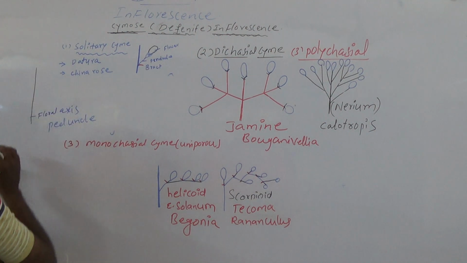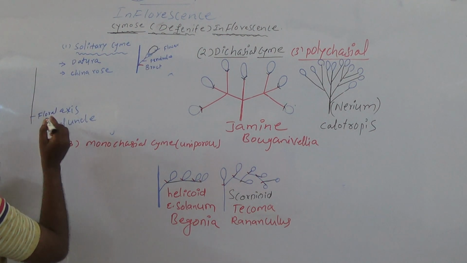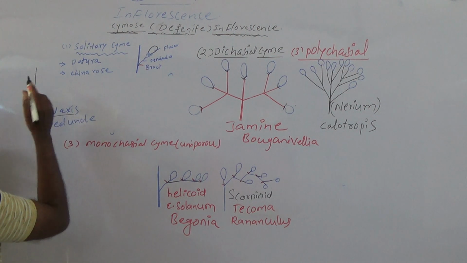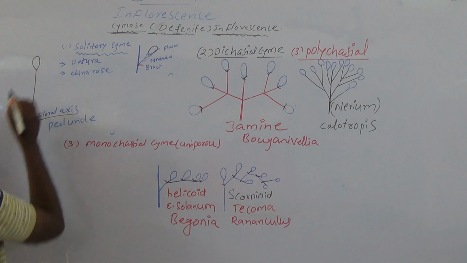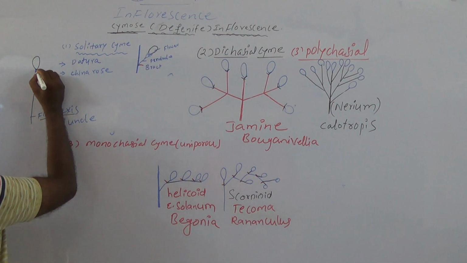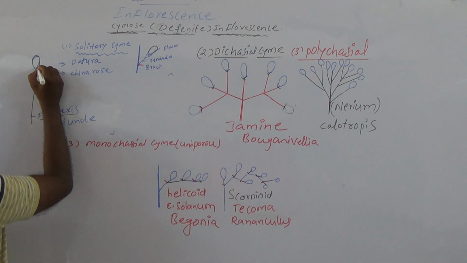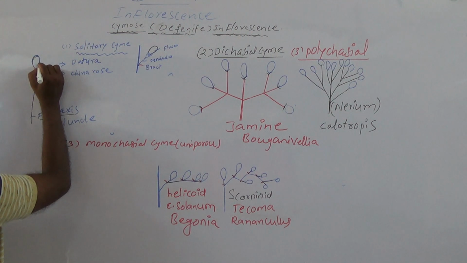It grows definite. Why is the floral axis growth definite? Because it ends with a flower. After the formation of the flower, the floral axis growth is stopped.